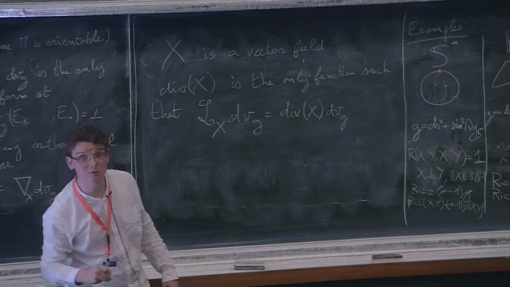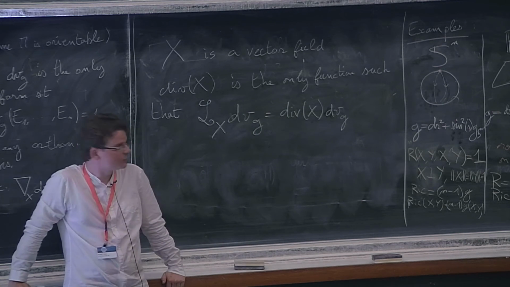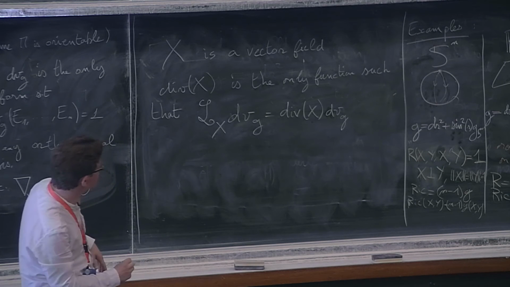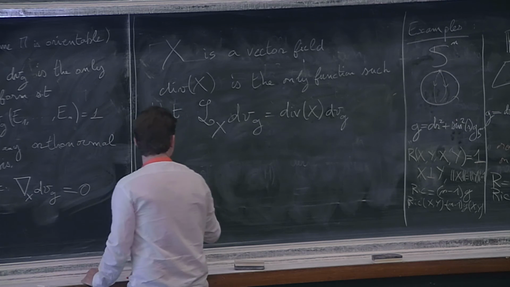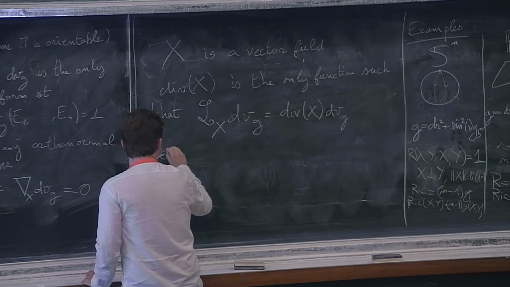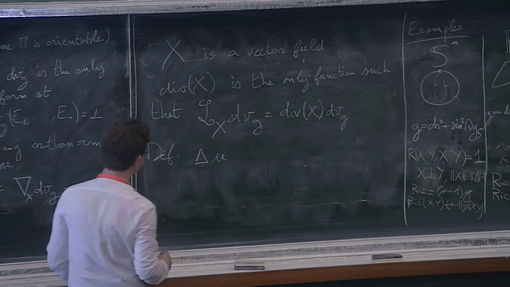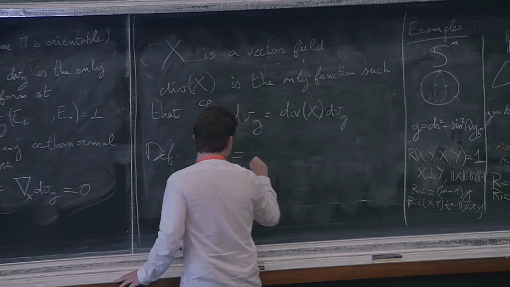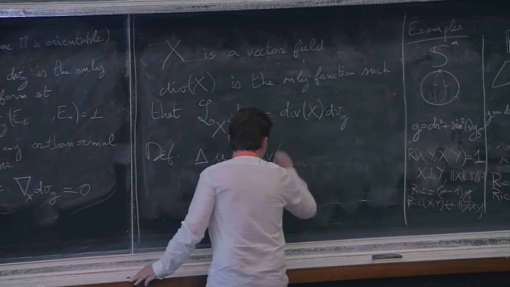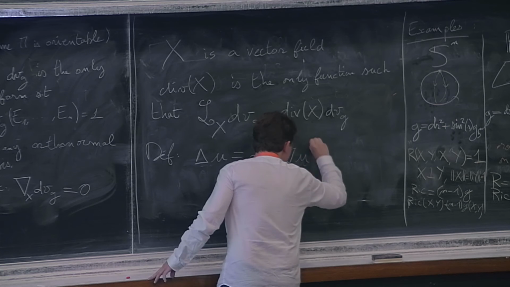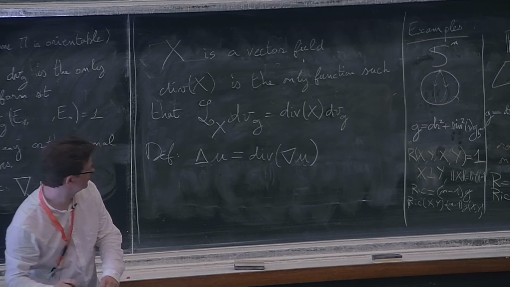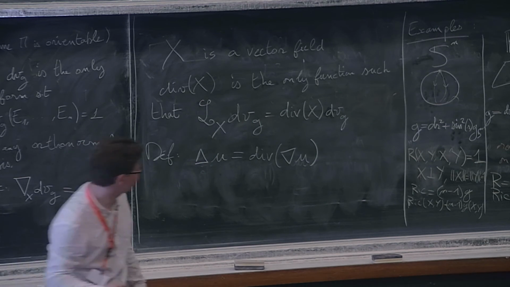Okay, now we can define the Laplacian, and we will compute the Laplacian of the distance function in that case. So definition: the Laplacian of u is equal to the divergence of the gradient of u. Okay.